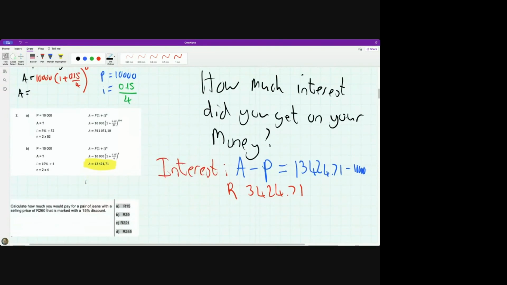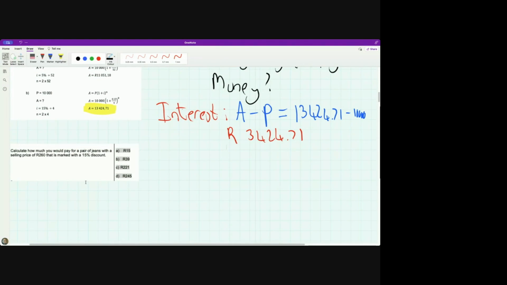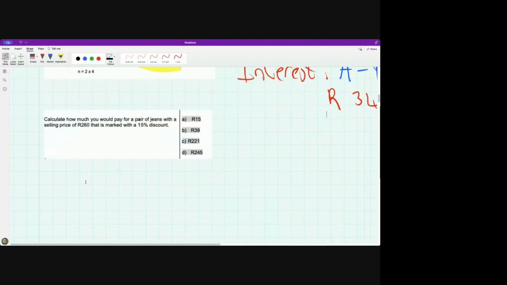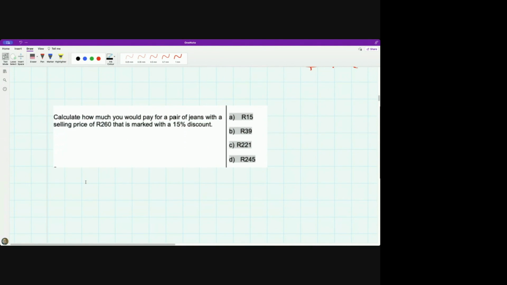Okay, fantastic. Then, in financial maths, we often have to deal with the idea of discount. So here is a discount or selling price type of question. Calculate how much you would pay for a pair of jeans with a selling price of 260 if that is marked with a 15% discount. So if its normal price is 260 and there's a 15% discount, how much do these jeans now cost?